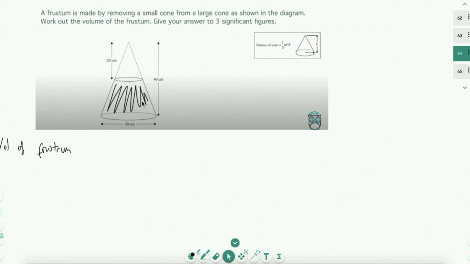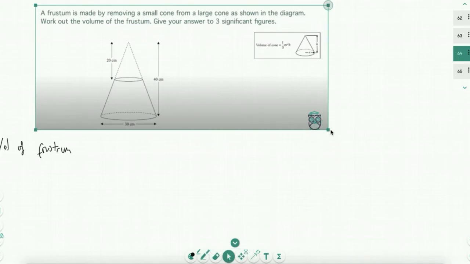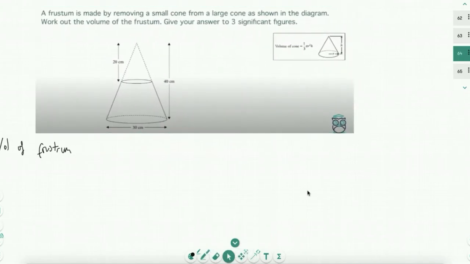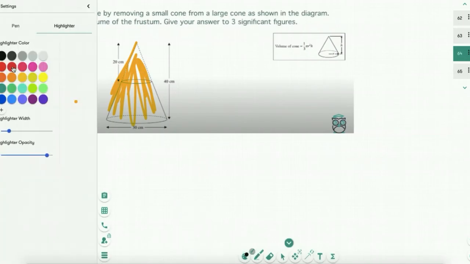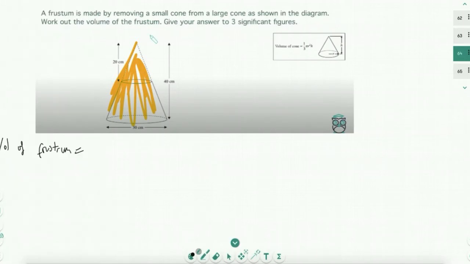How are we supposed to go about this problem? Because if I look at my formula sheet, there's actually no formula for a frustum. Well, one way we could find the volume of this shape is to find the volume of the entire cone first, and then subtract the volume of the small cone.